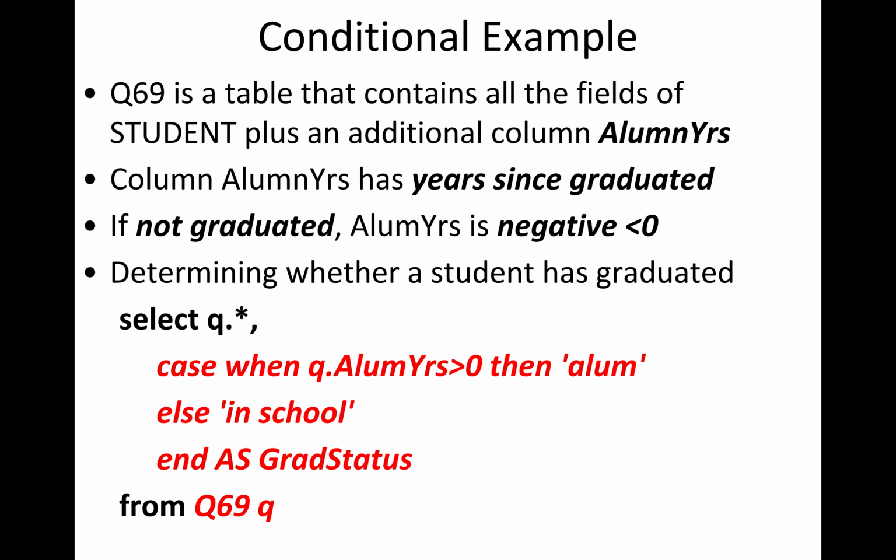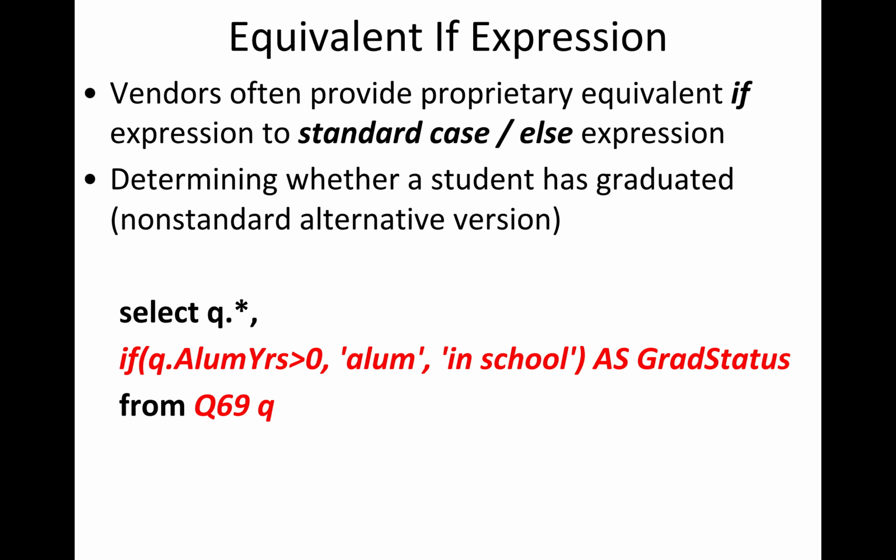So here's an example of using the case, right? Where we're evaluating an expression, and depending on that expression, we give a result. A less verbose, more compact syntax is to just use an if statement. You have the if, the predicate, and then the outcomes, the true and the false outcomes of the if statement.